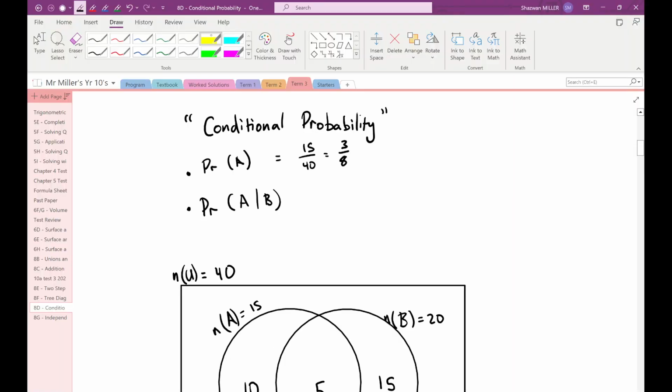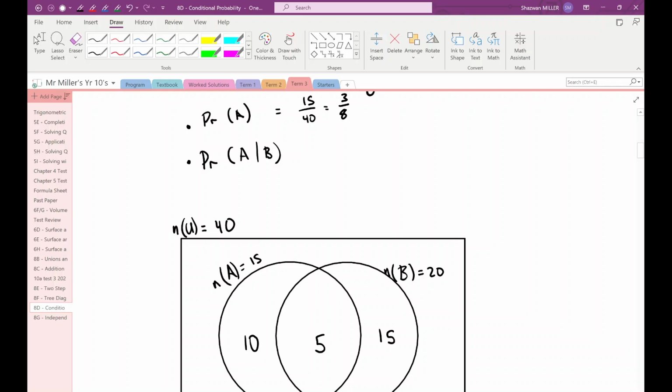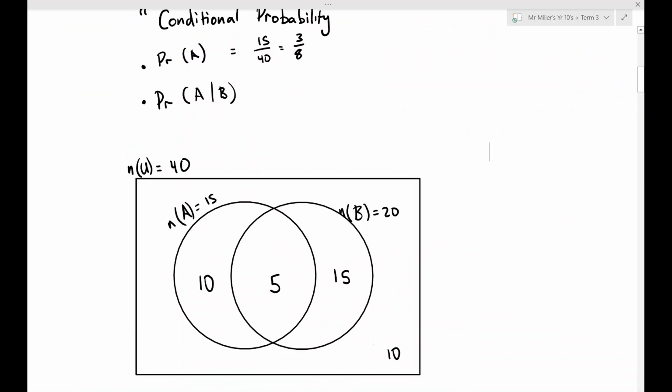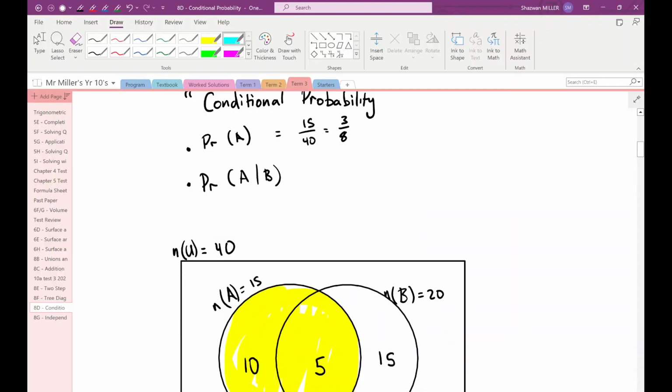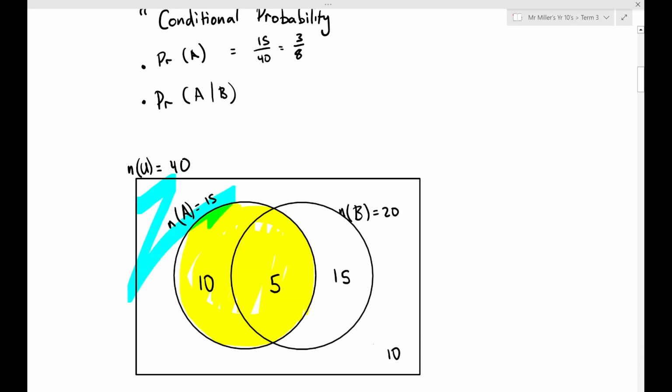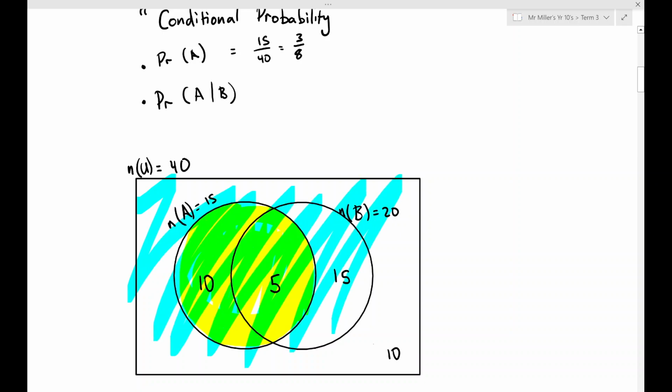Let me illustrate this point really quickly. If I was talking about the probability of A, that's going to be every student inside this set A, out of this whole sample space. Do you get me?